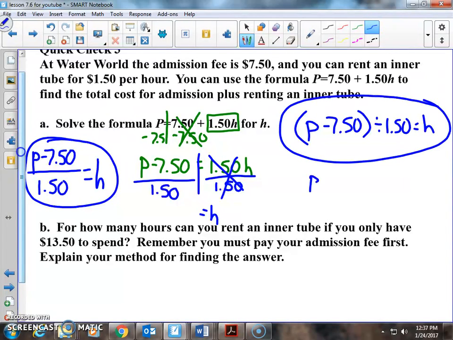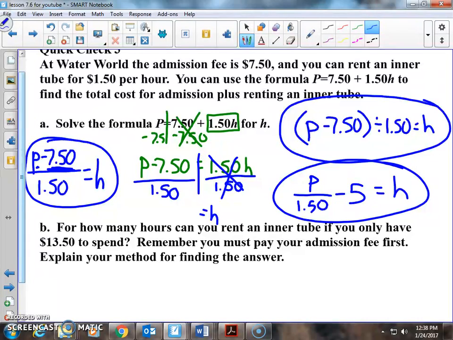And we could divide each piece. We could go back here and take the letter P and divide it by 150, which looks a little funny. P divided by 150, subtraction sign. Then we'd have to do the 750 divided by 150, which is 5, and that would equal H. A little bit tricky, but that's mathematically correct.